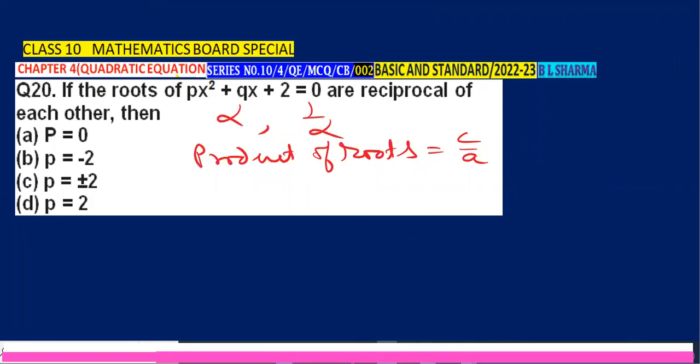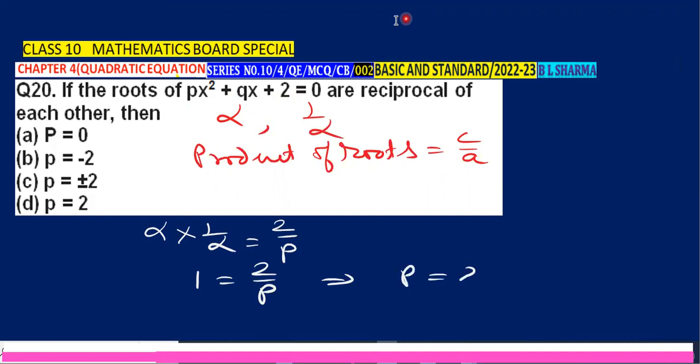So product here is alpha into 1 upon alpha, and c is 2 and a is p. a is p, b is plus q, c is plus 2. So alpha cancel, 1, that is 2 upon p. So p is equal to 2.